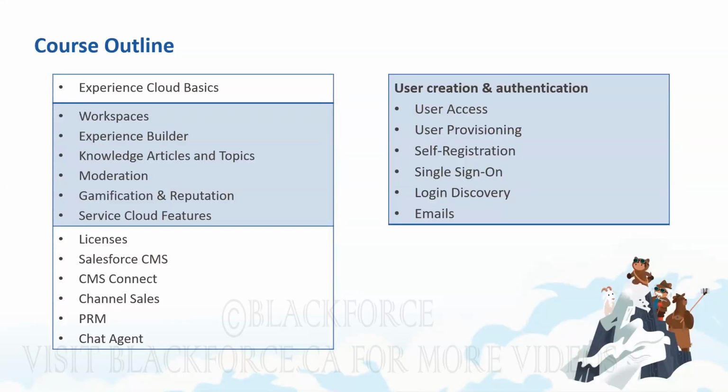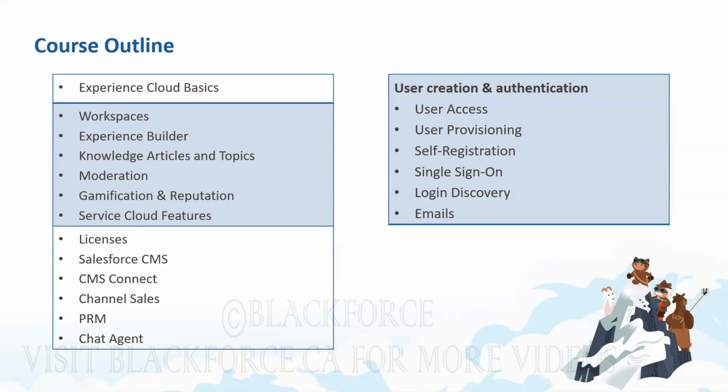Just to run through what we've done already in the previous week. On the left-hand side is everything that we have done. We covered the Experience Cloud basics. We learned about workspaces and all of its components, which includes the builder, knowledge articles, moderation, gamification, and reputation.